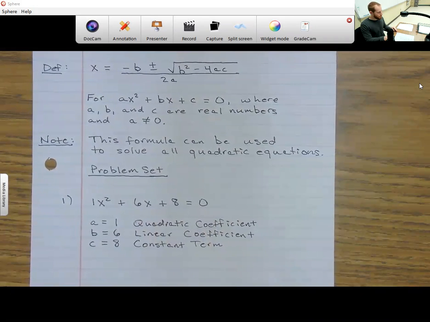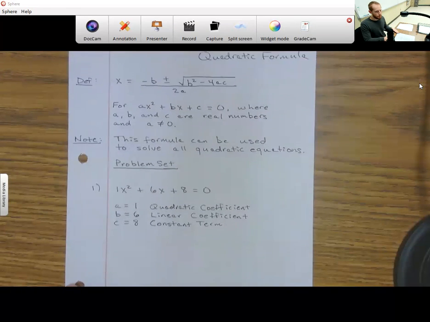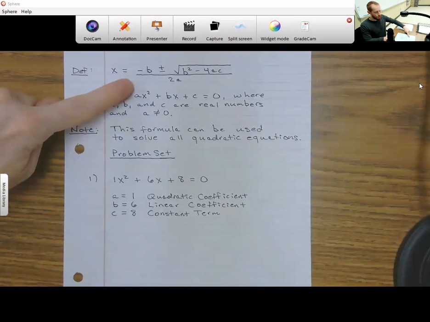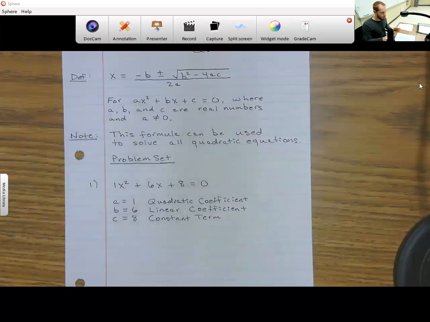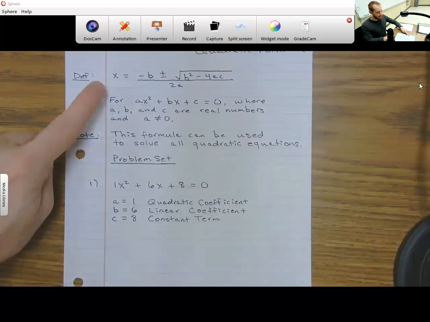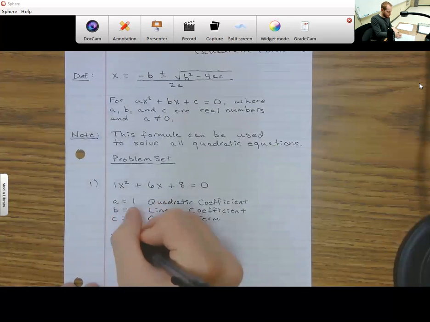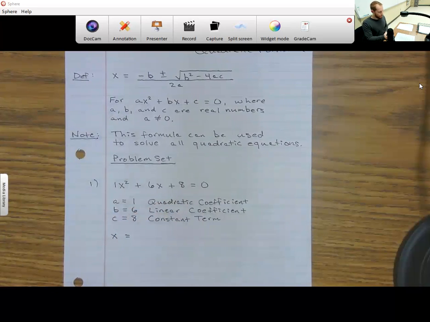So now what we're going to do is I'm going to zoom out a little bit, and I'm going to show you how you use the quadratic formula. And I'm going to be using this formula up here. So I'm going to be going back and forth between this question and this formula. Okay? Now the first thing I'm going to do is I'm going to write down my x. My x is never going to change. It's always going to be x. X is a variable, right?